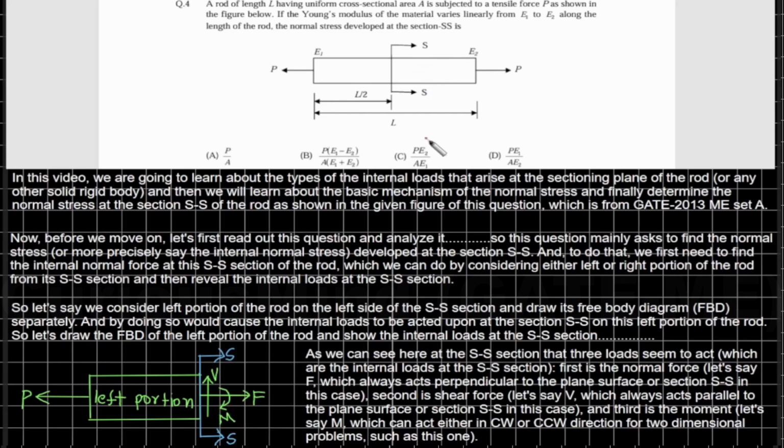So when we combine both portions of the rod, then the net resultant of all the forces and moment would become zero. All right, because that's what the initial condition is before sectioning the rigid body or the rod in this case.